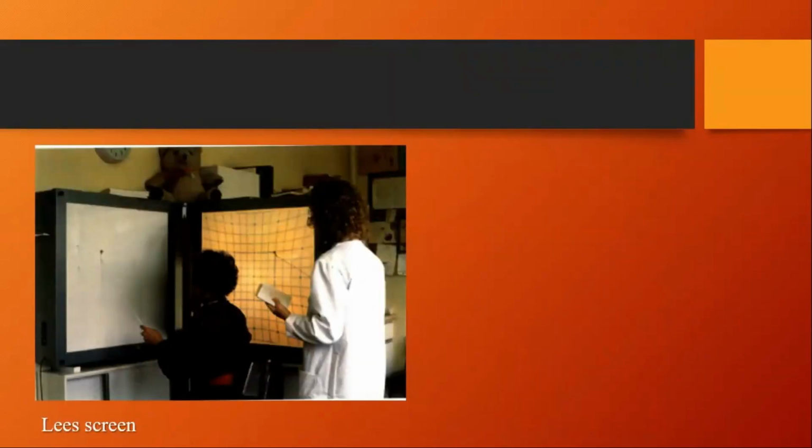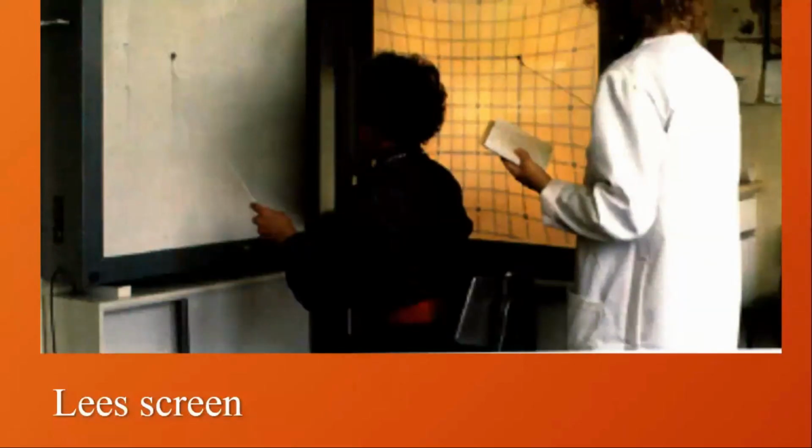There is another test that doesn't require red-green goggles, and it's called Lees screen. So the idea is they call it dissociation. So the right eye sees something, and the left eye sees something. Actually, here the image is not clear, unfortunately, but there is a mirror over the nose, let's say. So the right eye is seeing this chart, and the left eye is pointing.